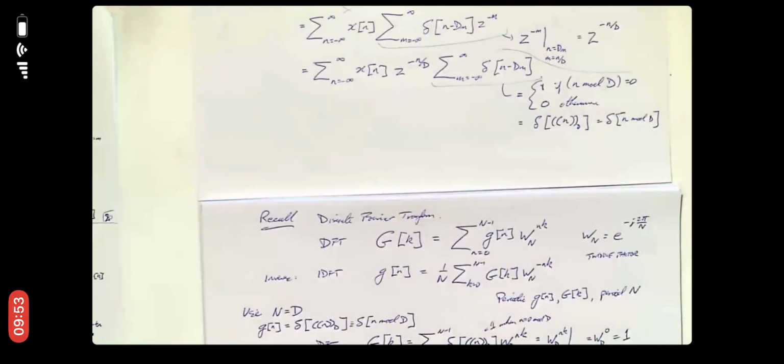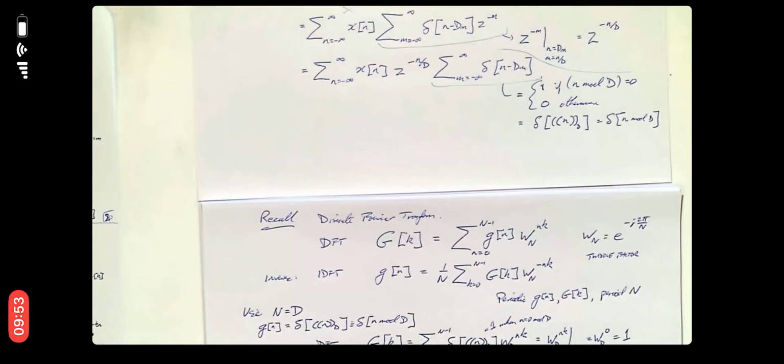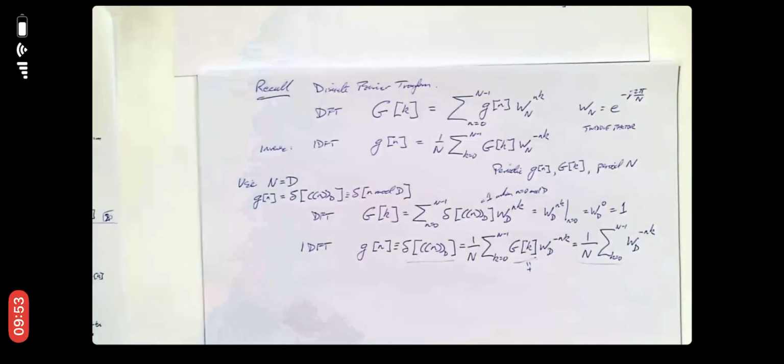So now we've got this result that somehow this slightly weird looking result here, the delta of n mod d, is equal to this strange looking sum.